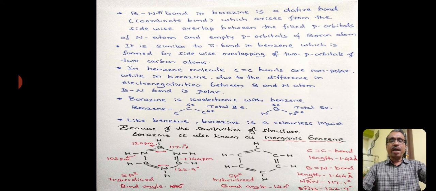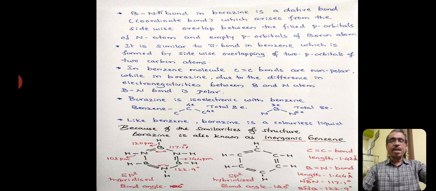Borazine is isoelectronic with benzene. It means it contains the same number of electrons. To substantiate this, in benzene, two carbon atoms link together. Each contains 4 electrons, hence the total number of electrons is 8. In borazine, nitrogen is linked to boron.